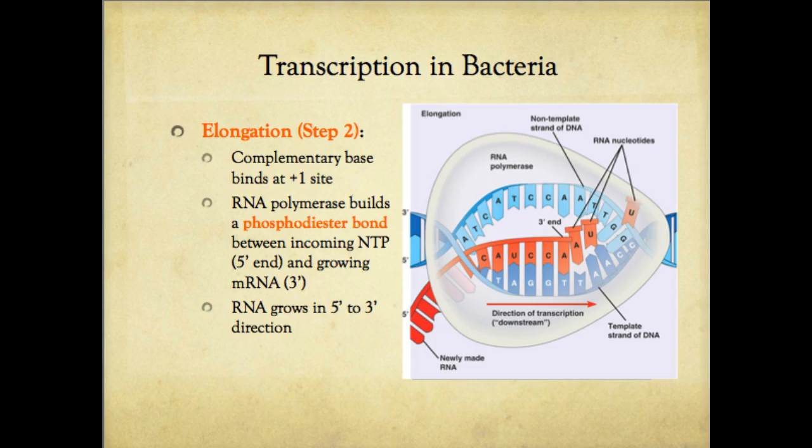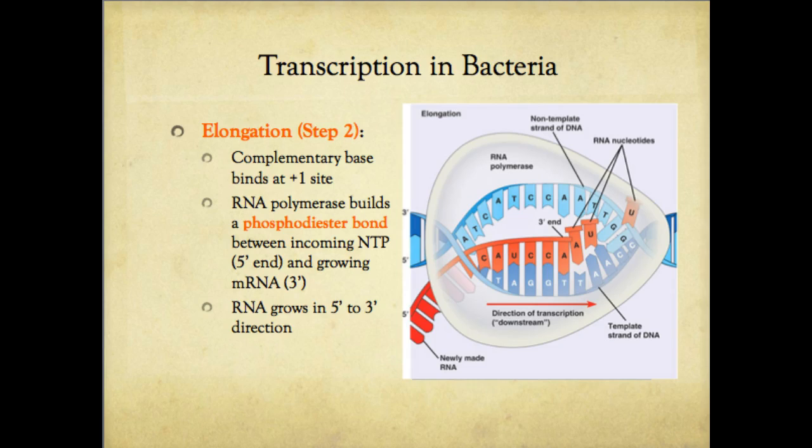But the bonding that goes on between the RNA bases, between, in this picture, the C and the A and the U and the C and the C and so on, the complementary binding that goes on between the monomers of RNA is phosphodiester bonding. These are covalent bonds that join the monomers.